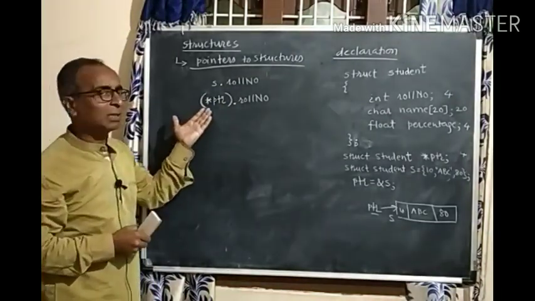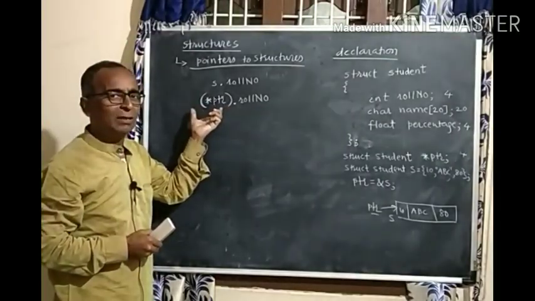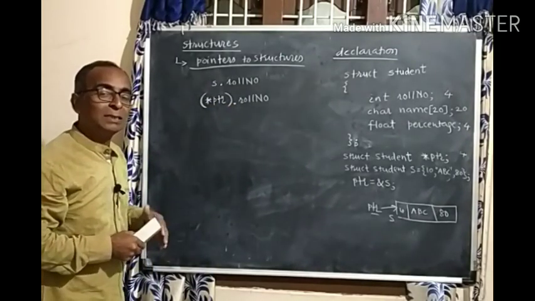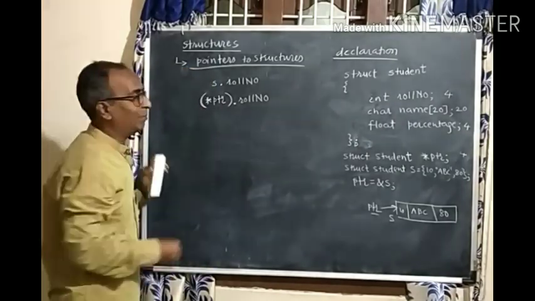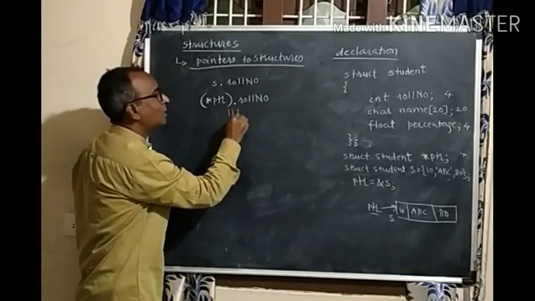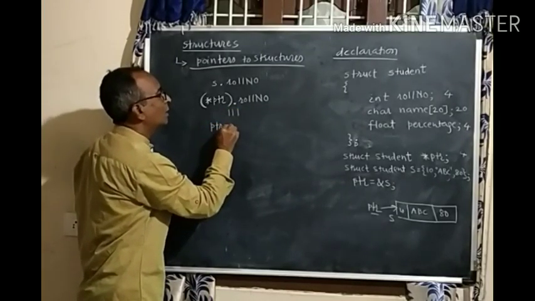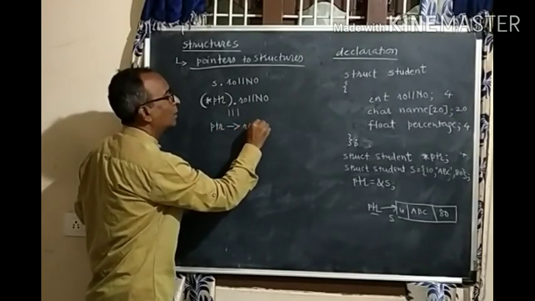But this is a somewhat clumsy way, somewhat hard to use. So there is another, easier way of accessing the structure members by means of a pointer variable. Instead of using this syntax, the equivalent syntax with another operator is the arrow operator.